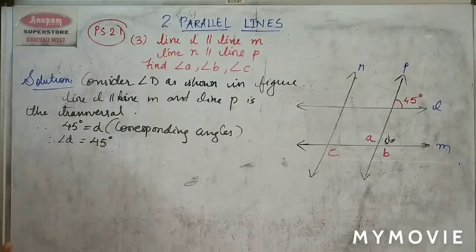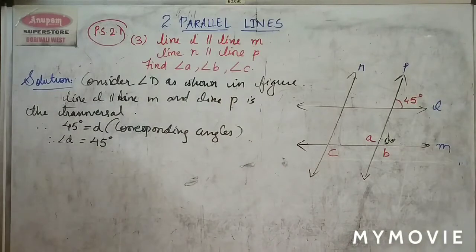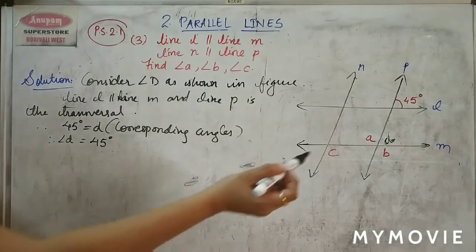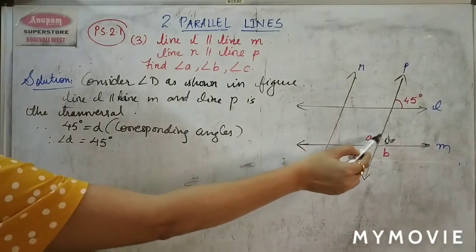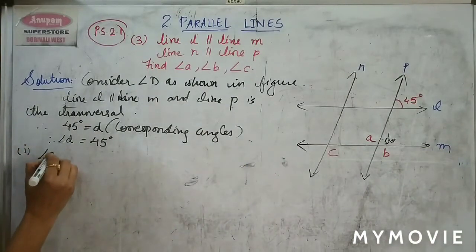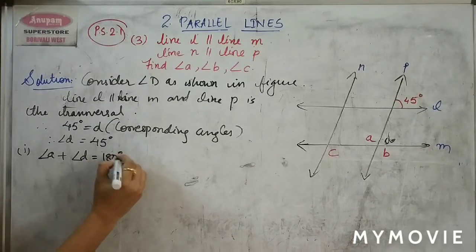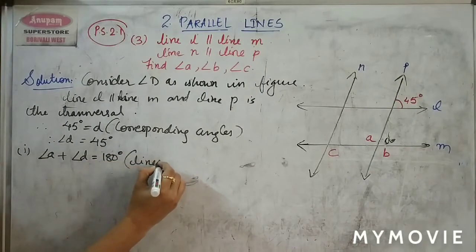So we got angle D, but we have not been told to find out angle D. We have to find out angles A, B and C. So we'll try to relate this angle D with A, B and C. The first step I can do is find the linear pair here. So I'll say that angle A plus angle D is equal to 180 degrees, linear pair.